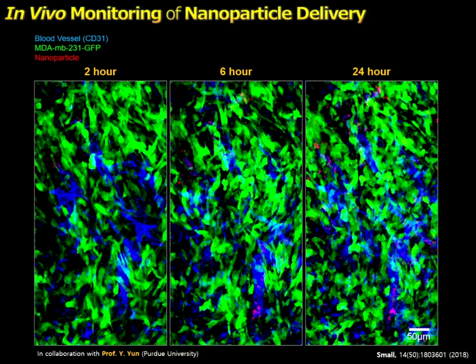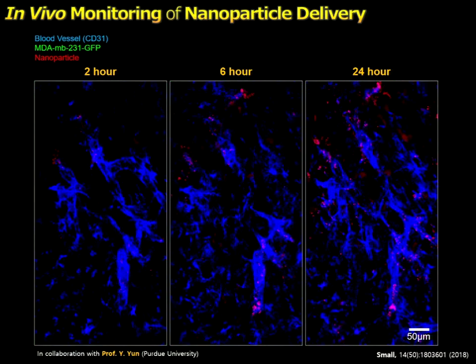This is our recent result in collaboration with Professor Yoon at Purdue University. In this example, we make a breast cancer tumor model using MDA-MB-231 GFP cells. We label the blood vessel, again, by injecting anti-CD31 antibody, which labels the endothelial cells. And then we inject the nanoparticle, shown in red here.